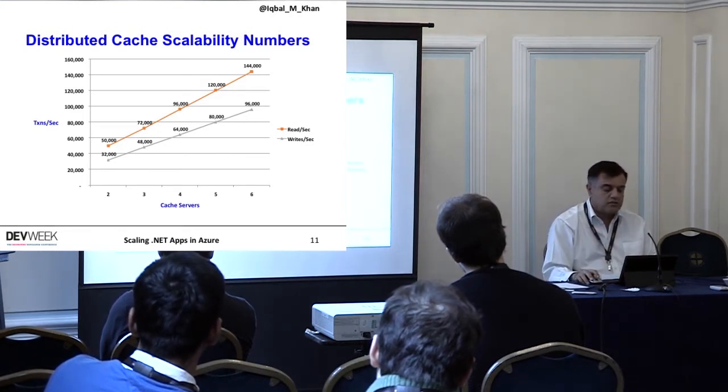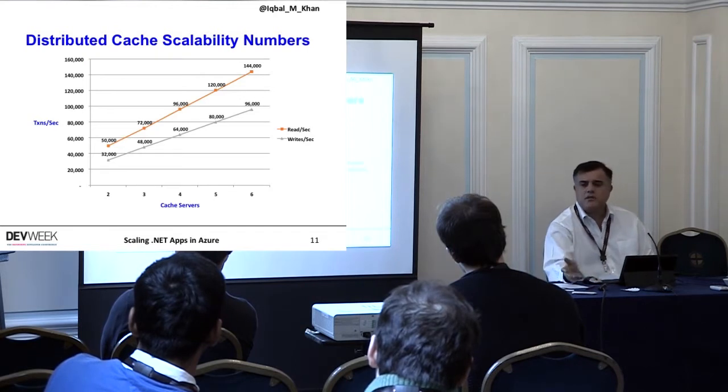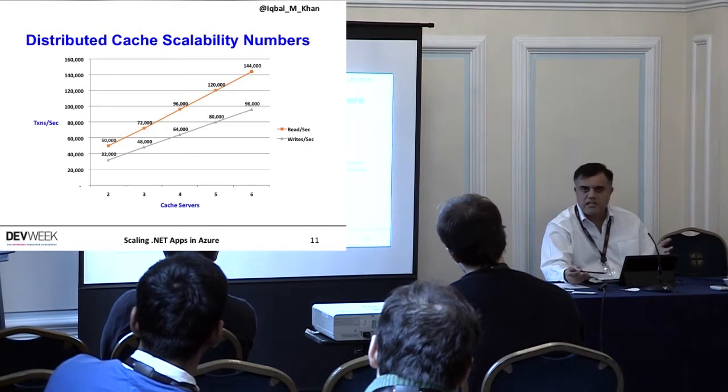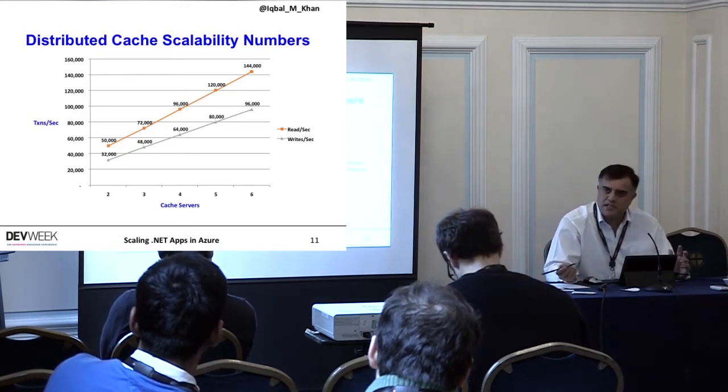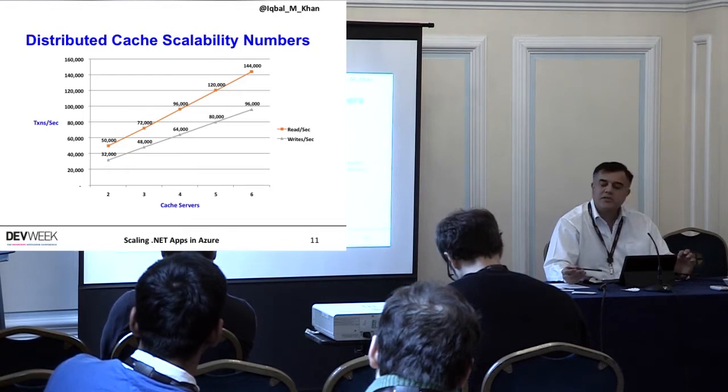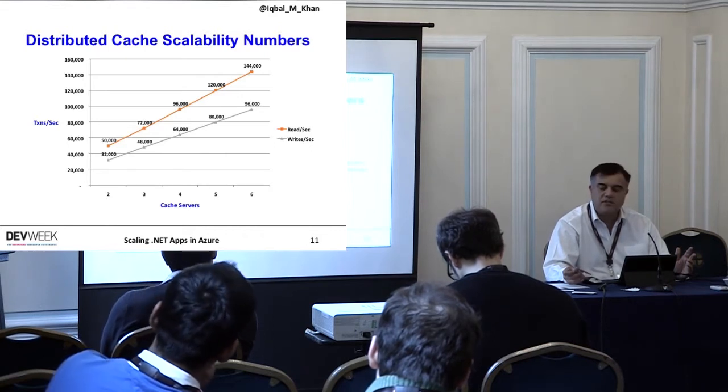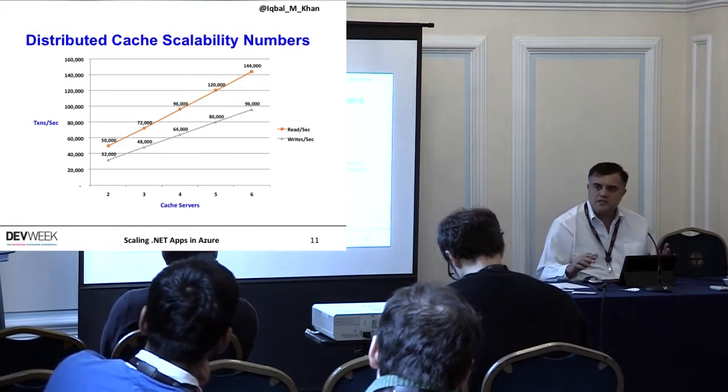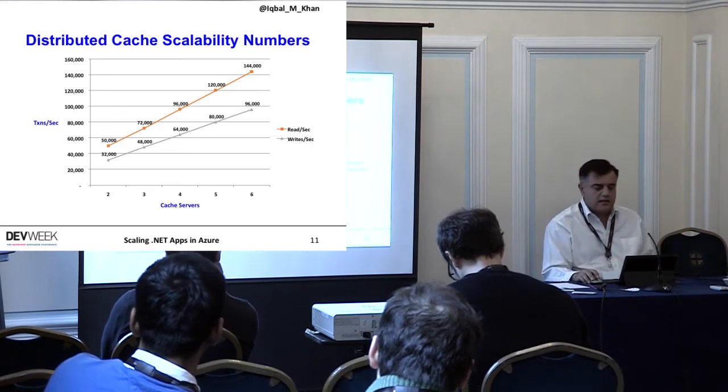The most typical clusters are 2 or 3 server clusters, because for most people, especially in web applications or web services, 30 to 50,000 writes and 50 to 70,000 reads per second is a pretty decent capacity.